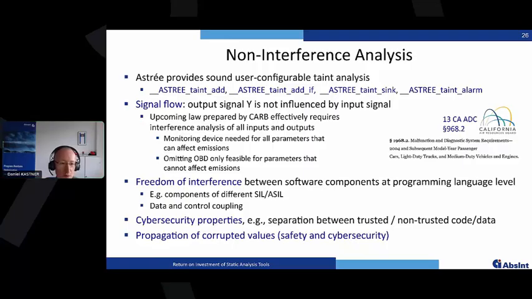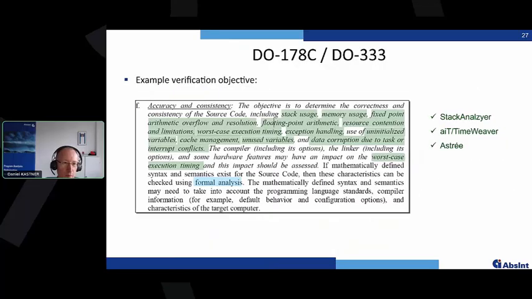You can use the same technique also to talk about, let's say, interference between software components, and also to talk about cybersecurity, like if you have a separation between trusted or untrusted code and data. Okay, and if you take all of this together, we can see that we are already in pretty good shape with respect to this particular verification objective here.